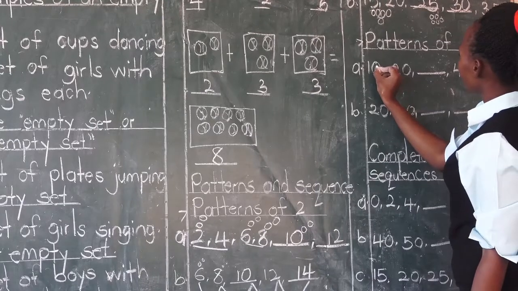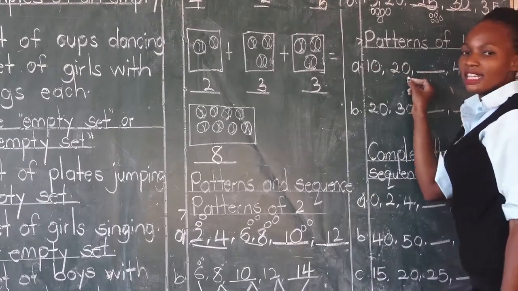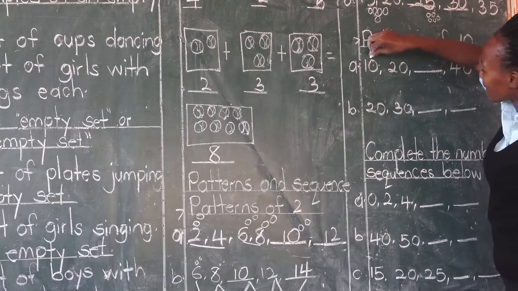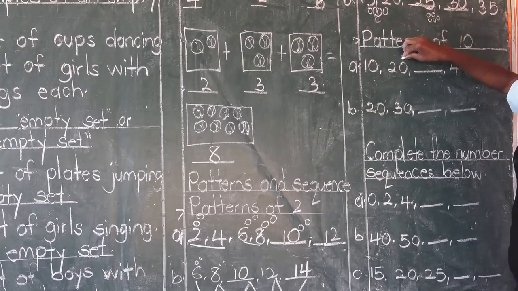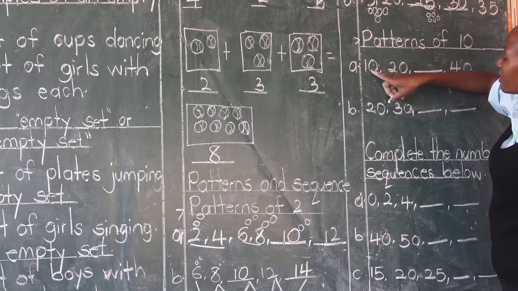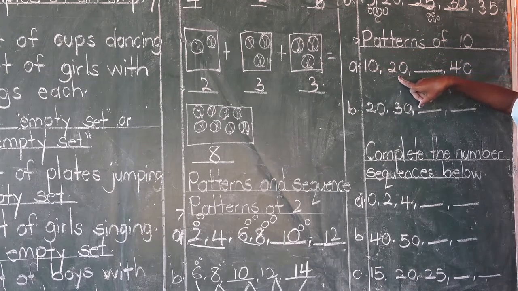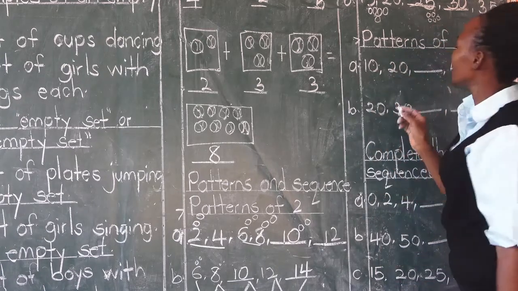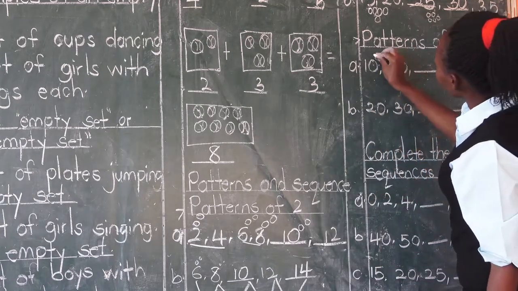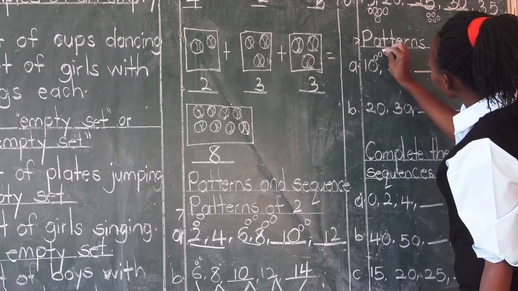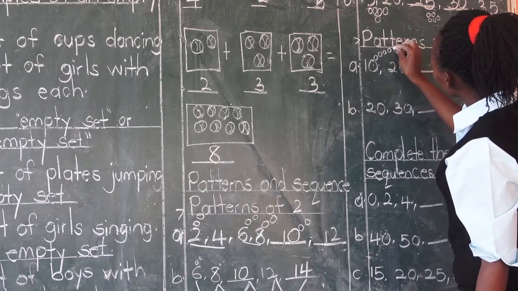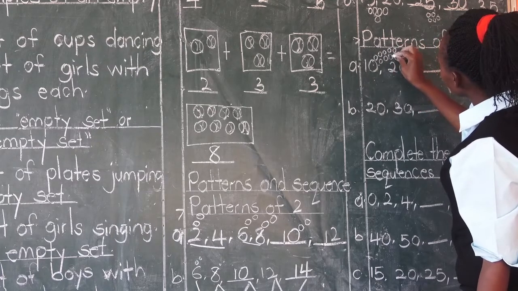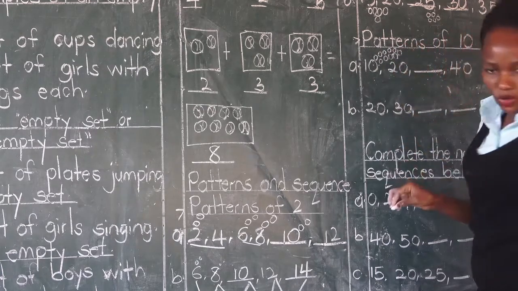Now we have here 10, 20. We have to first find out how many they added on number 10 to get 20. Let's put 10 in our head. 10, 11, 12, 13, 14, 15, 16, 17, 18, 19, 20.